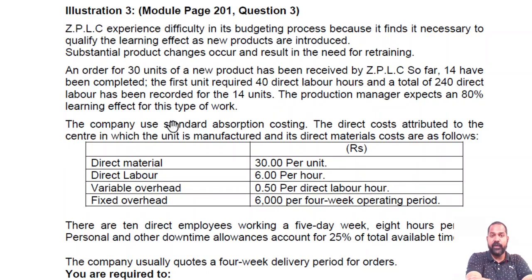The company used standard absorption costing, the direct cost attributed to the center in which the unit is manufactured, and its direct material costs are as follows. Direct material 30 per hour per unit, direct labor rupees 6 per hour, variable overhead 0.5 per direct labor hour, fixed overheads is 6,000 rupees per 4-week operating period.